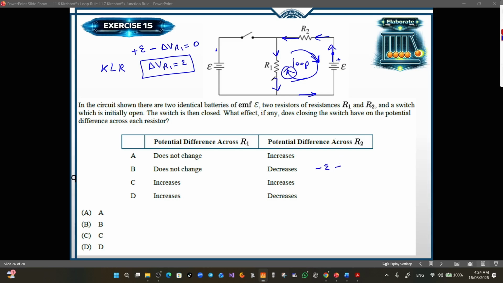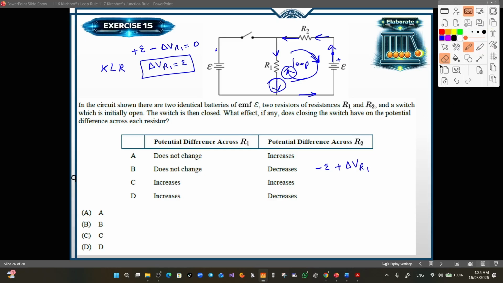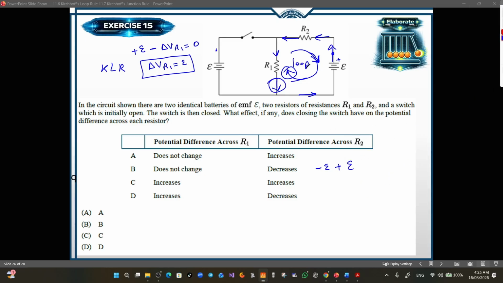The direction of my loop and the direction of the current are opposite, so we use the plus sign for the delta VR1, knowing that the delta VR1 is E, so we just replace it by E. Now we complete the circulation for R2. Again, we are rotating clockwise and the direction of the current is to the left. So this is a plus delta VR2 equals 0.